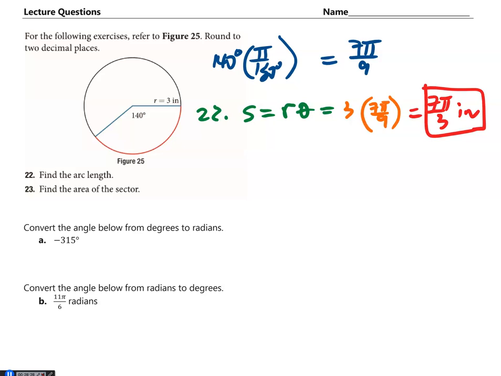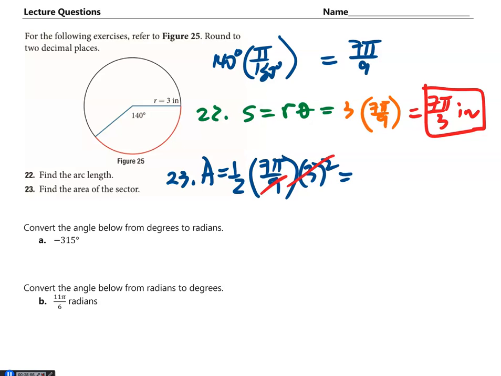Then 23, we want the area, and the formula is 1/2 times the angle, which is 7 pi over 9, times r squared. The radius is 3, so 3 squared is 9. 9 over 9 is 1, so this is equal to 7 pi over 2 square inches.